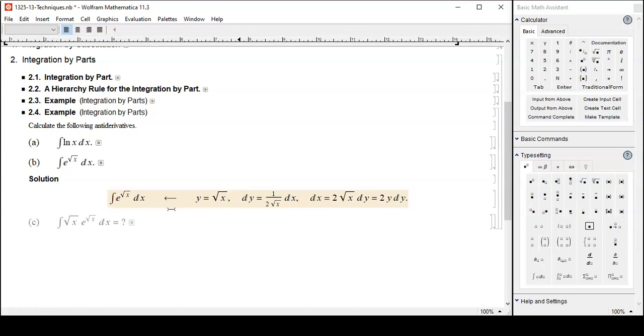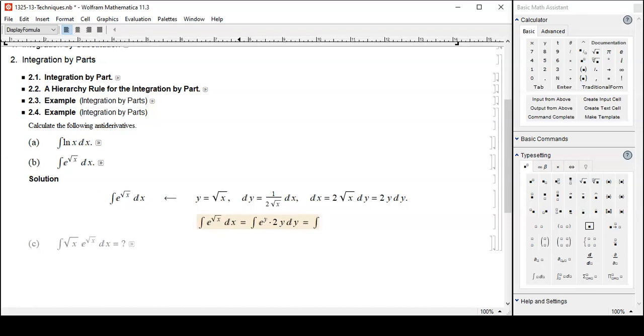And then what do you have? The integral of e to the square root of x dx is the integral of e to the y power times 2y dy.